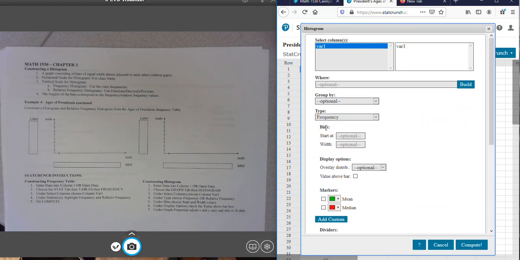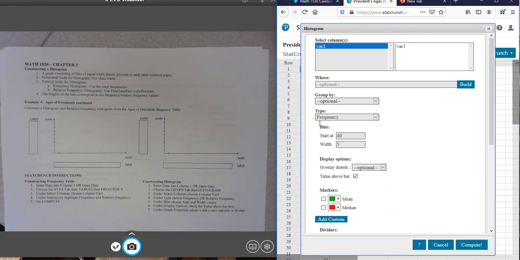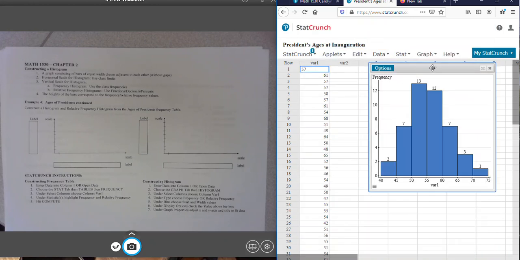So right here where it says bins, we want to start our bins at age 40, and we said that we wanted the class width to be 5. I like to select value above bar, and that's going to give me my frequency count. Or if we change this right here to relative frequency, it will give me that value over the bar. But let's just look at frequency, and let's hit compute.